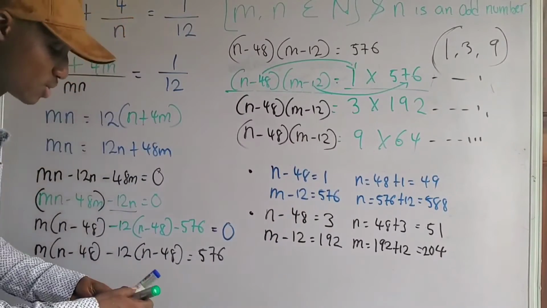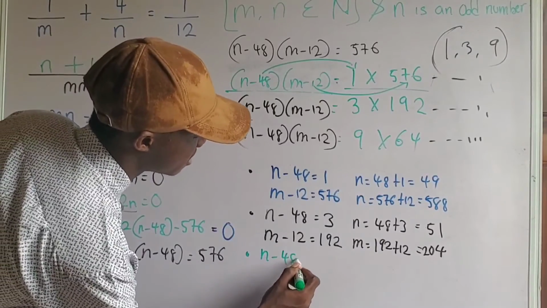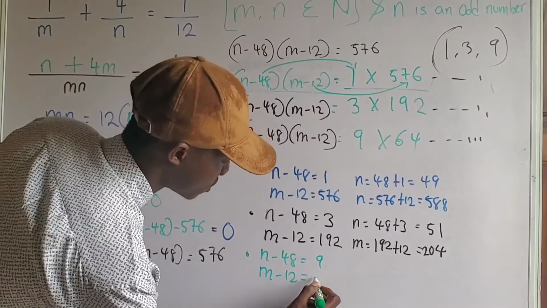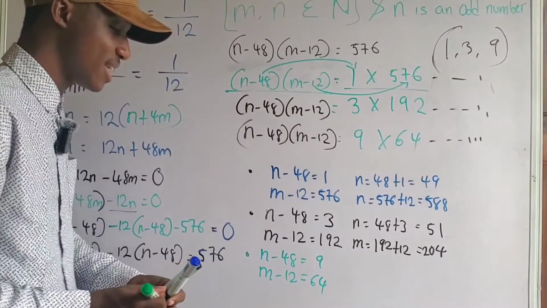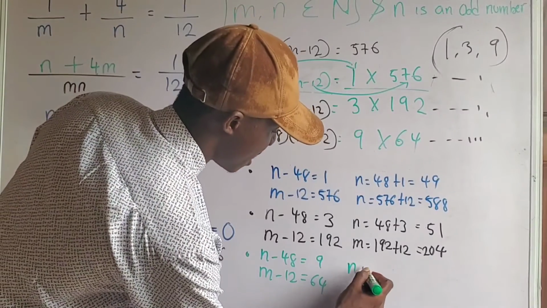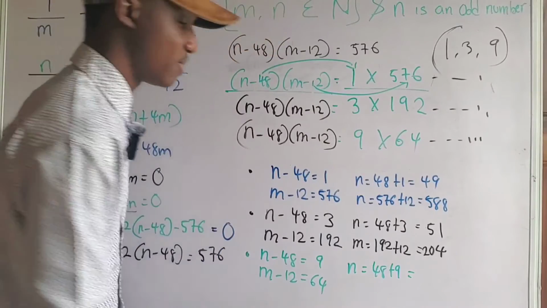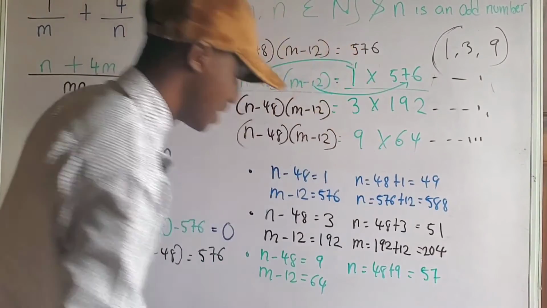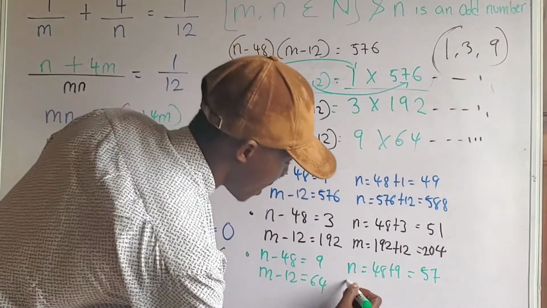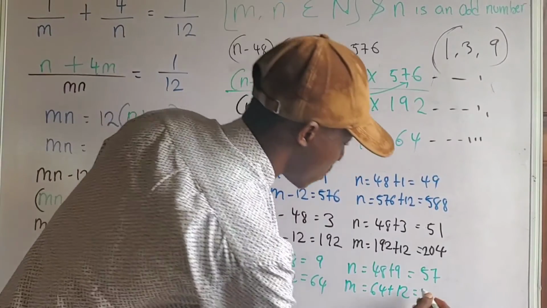So n minus 48 equals 9 and m minus 12 equals 64. Taking the 48 to the other side, n equals 48 plus 9, which is 57. And m equals 64 plus 12, which is 76.